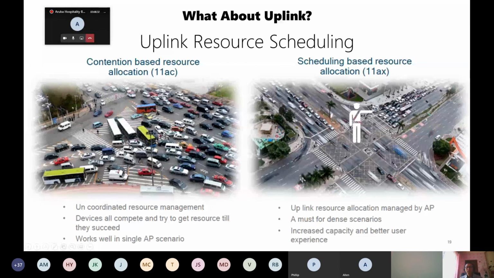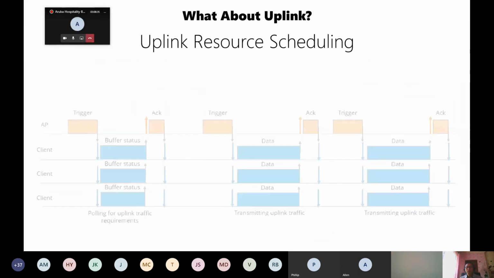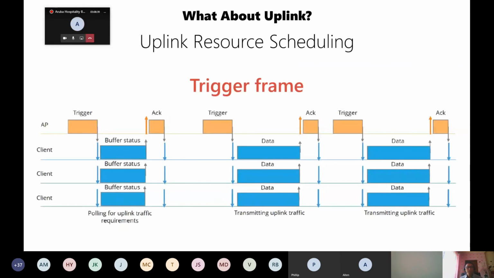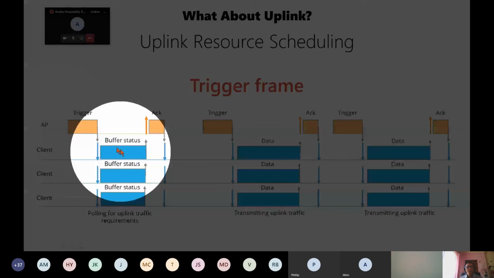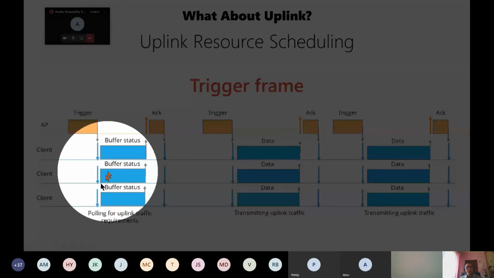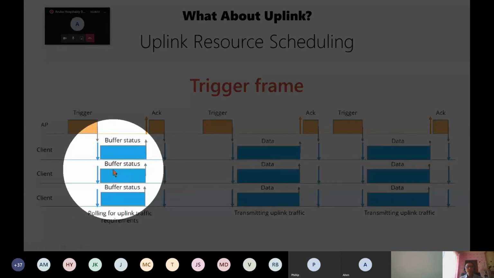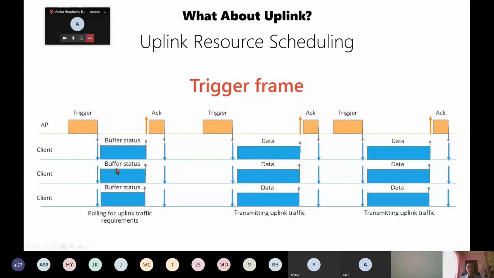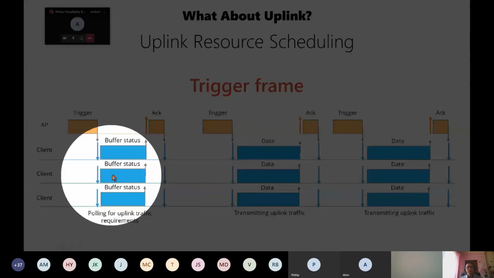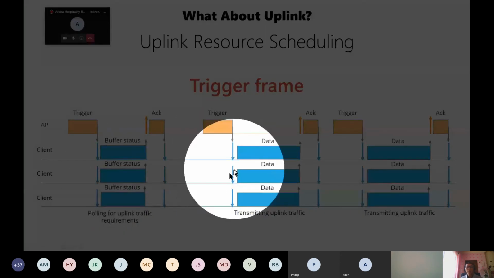How does AX do that? It does it with something called a trigger frame. By sending out a trigger frame to all the clients, the AP can understand, first of all, do you have anything to send? If there is something to send, I can now trigger you, and I send another trigger frame to get the data from you.